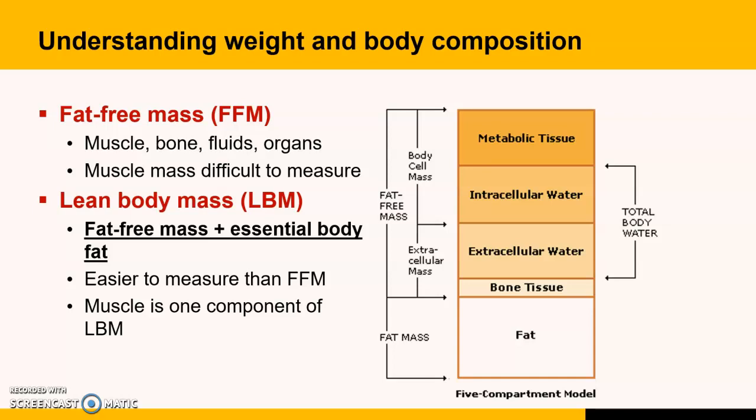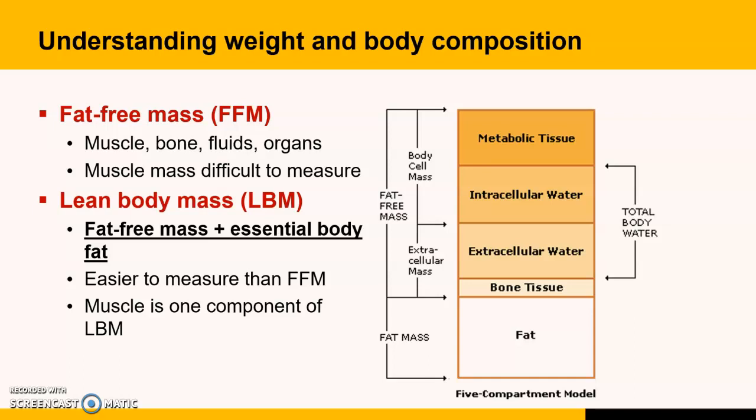As with body fat, estimating only muscle mass juga sangat-sangat susah. So sebab tu kebanyakan daripada kita ni, kita tak estimate muscle mass. Kita lebih mudah estimate lean body mass. So apa itu lean body mass?